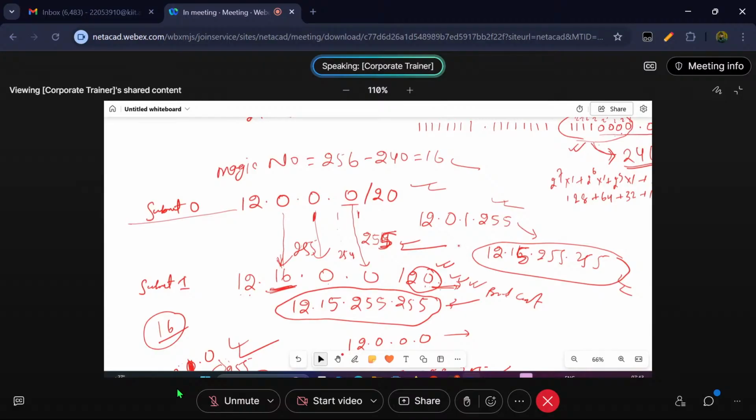But our criteria is 4000 subnets we have to create per network. So accordingly, we have gone with changing in the third octet so that we can fulfill our requirement.